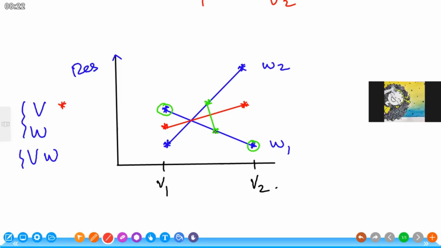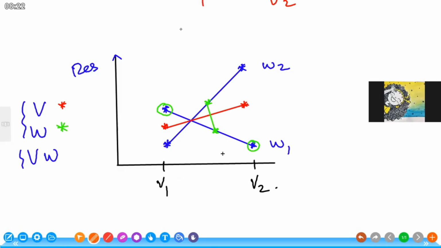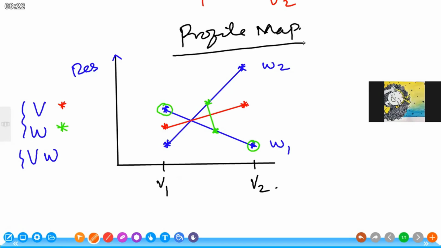So there is a significant effect of W also in the main effect. That is how you find out the effects, by looking at the profile map. So this is called as profile map.